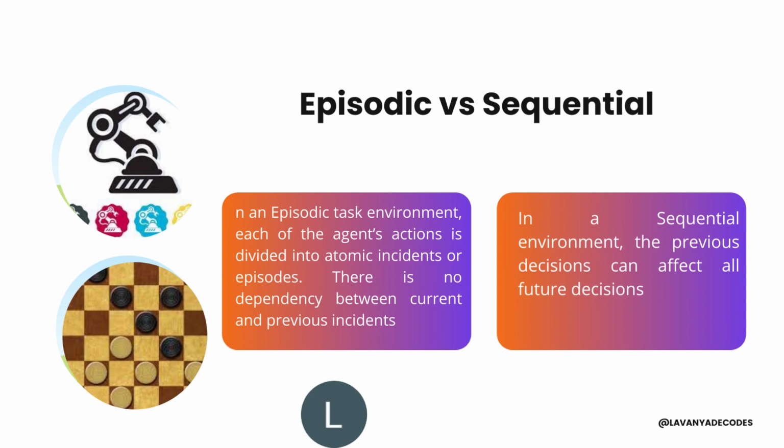In this case, every time the robot, which is the agent, makes a decision on the current part, as there is no dependency between the current and the previous decision. But in a sequential environment, the previous decision can affect all future decisions. The next action of the agent is dependent on the previous one. For example, checkers, where the previous move can affect the following move.